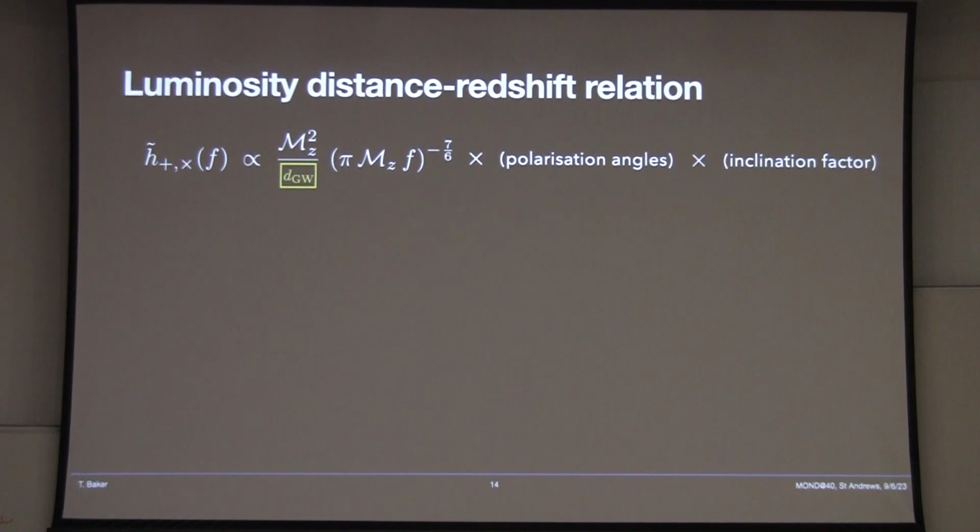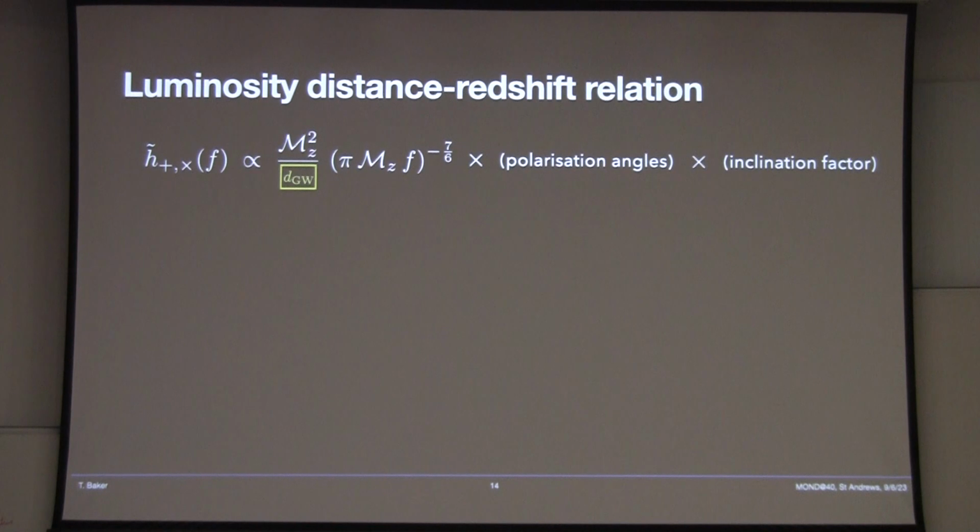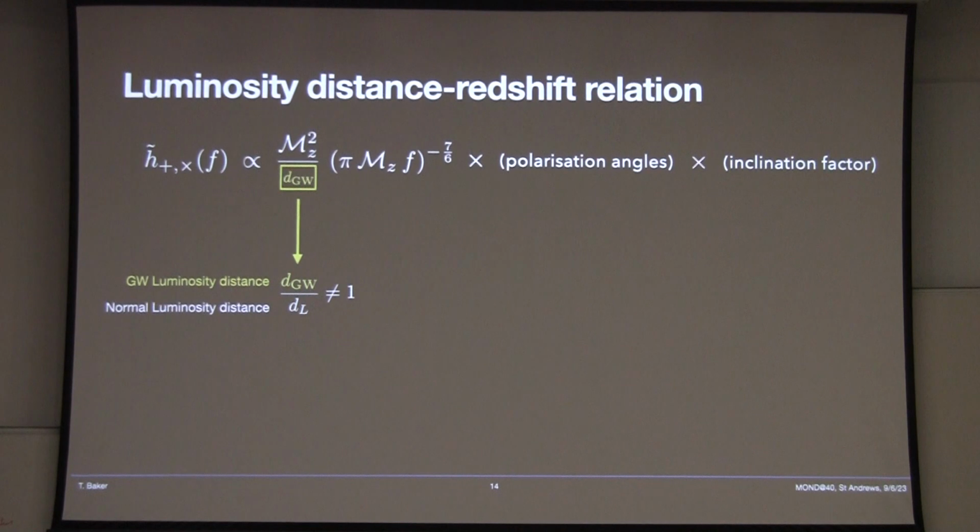Now, I say effective distance because they're not actually physically moving the gravitational wave sources around. They're just affecting this quantity that you interpret as a distance. So this is now a different distance. We very inventively call it the gravitational wave luminosity distance, dGW. And the statement is this is no longer equal to the normal luminosity distance, dL.